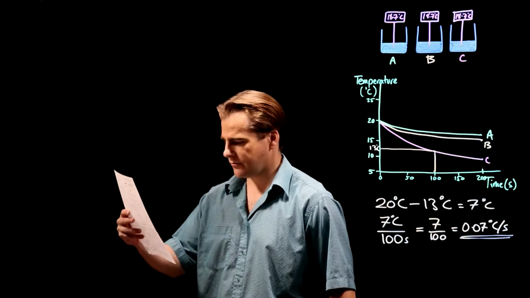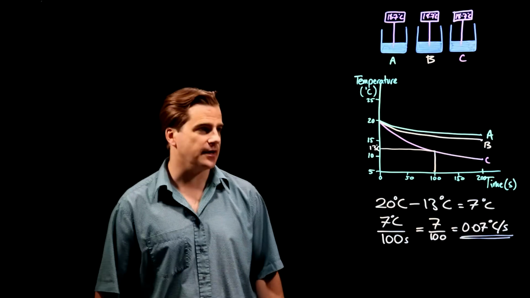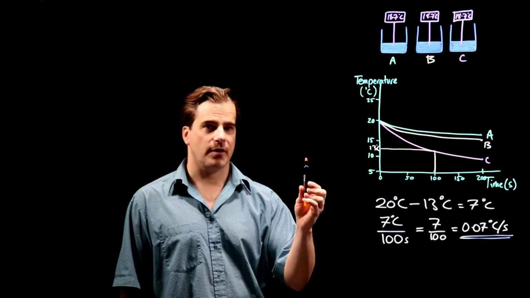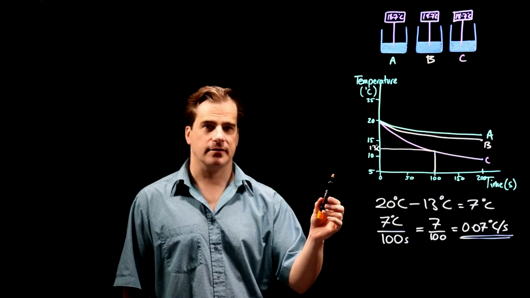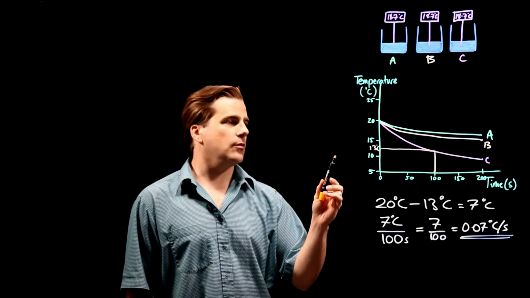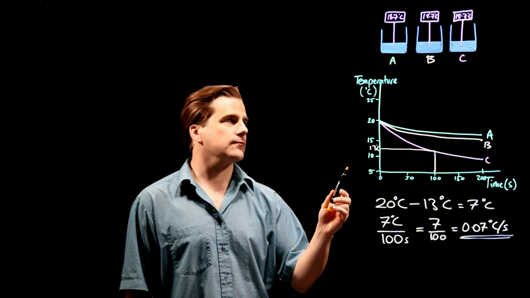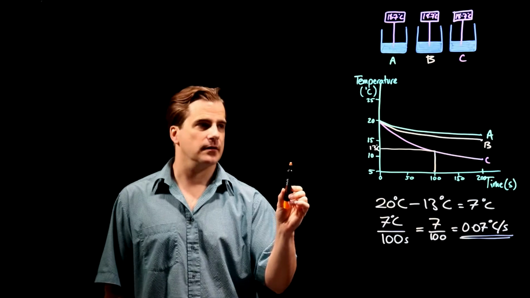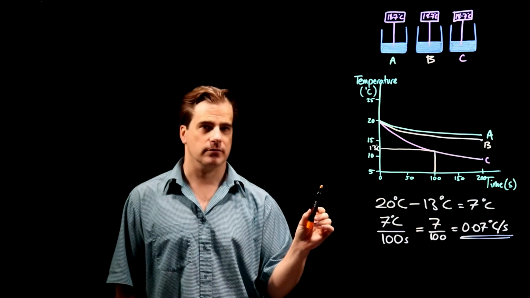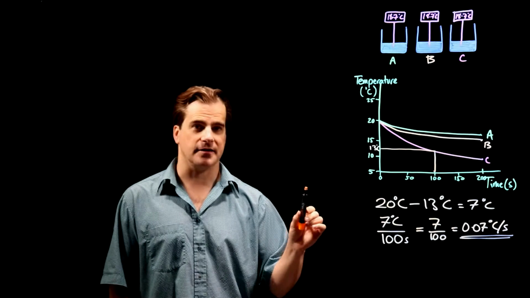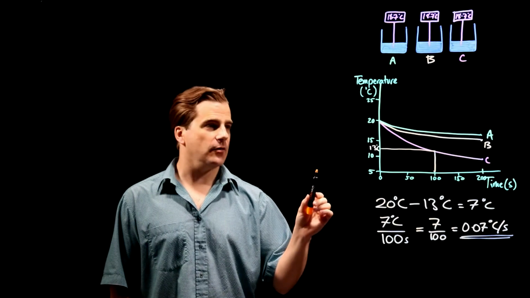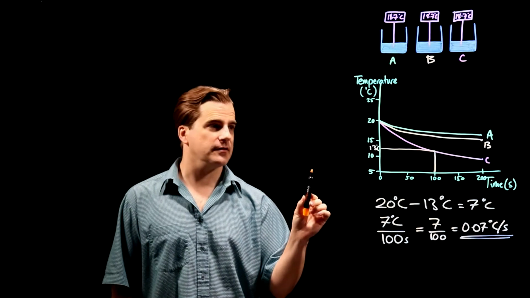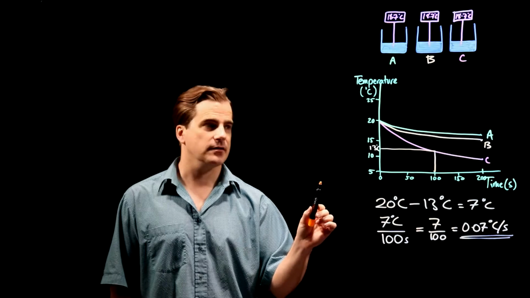Which had the lowest rate of evaporation, and give a reason. The lowest rate of evaporation means the one that evaporates the least. Well, when a liquid evaporates, its temperature falls, and we'll get to the reasons why that is in a minute. So the one with the least evaporation will have the lowest temperature decrease.